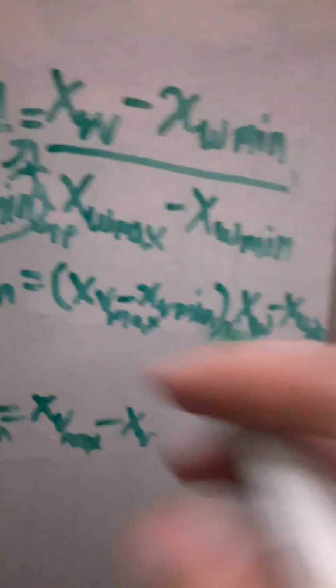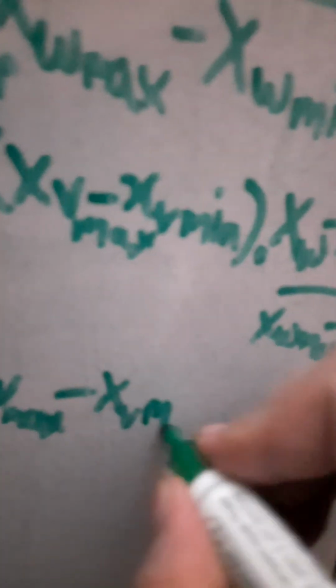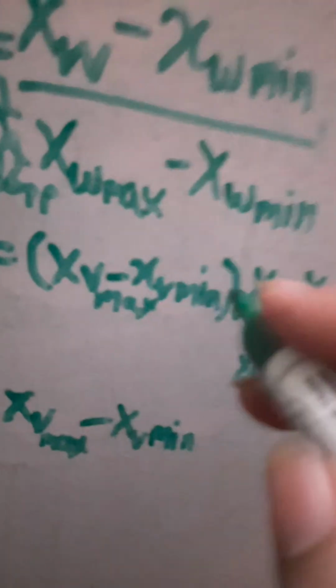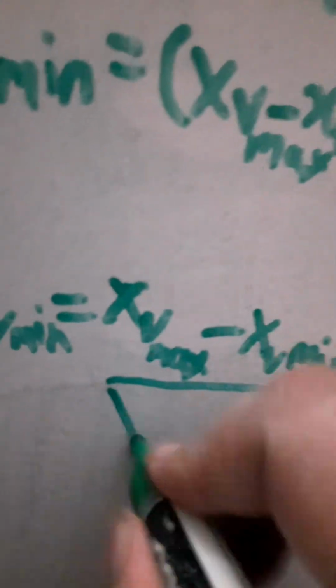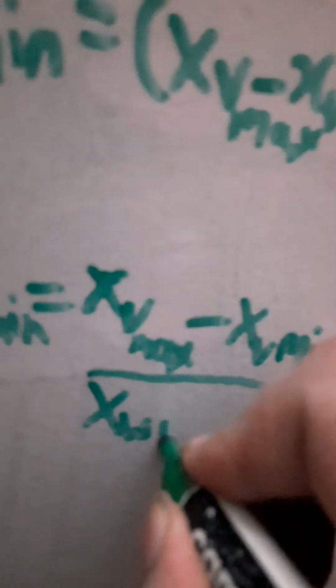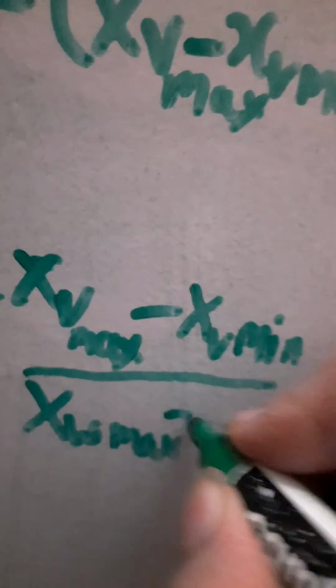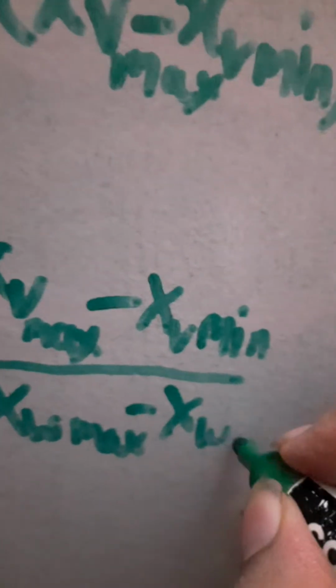It can individually also divide this, right. I'm trying to say that. Now this is xv max minus xv min, the whole screen, and this is also a viewport, and this is your whole window, which is xw max minus xw min.